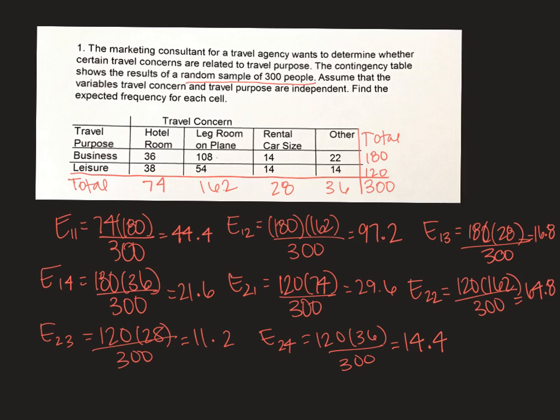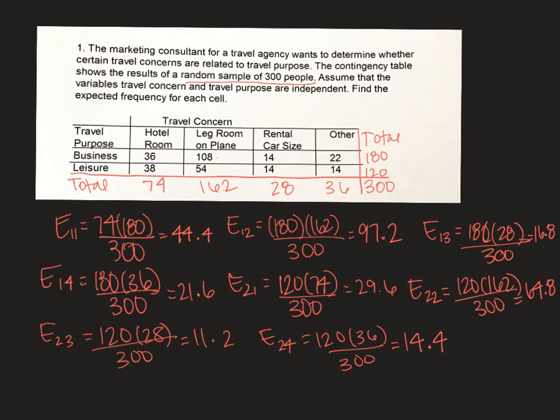So those are all of our expected values for each of those cells. And we would use those to find independence test, basically another hypothesis test. But that would be your step 1.